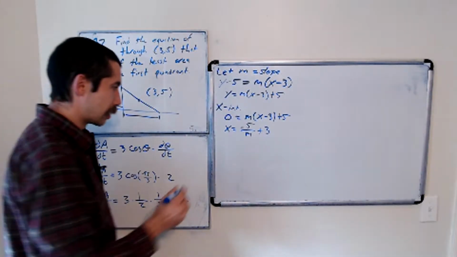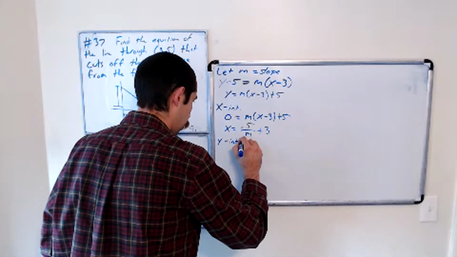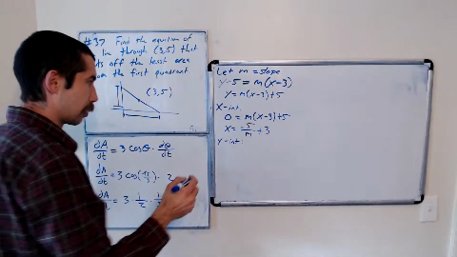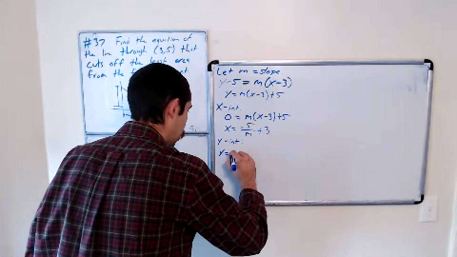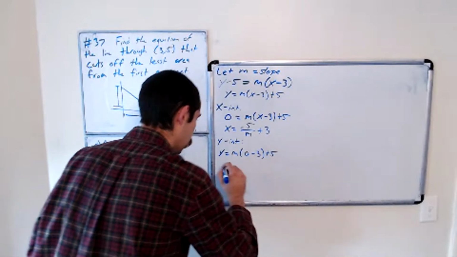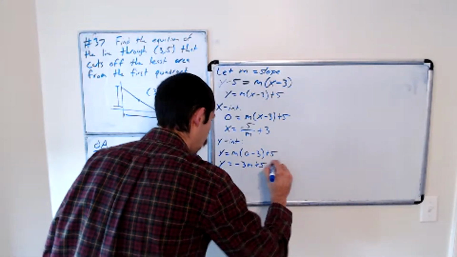Right, to find the y-intercept, we set x equal to 0 and solve for y. Okay, so that's y equals m times (0 minus 3) plus 5. So our y-intercept is negative 3m plus 5.